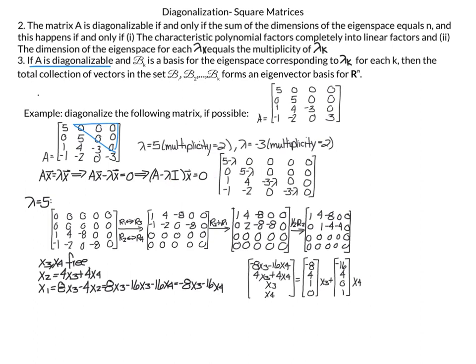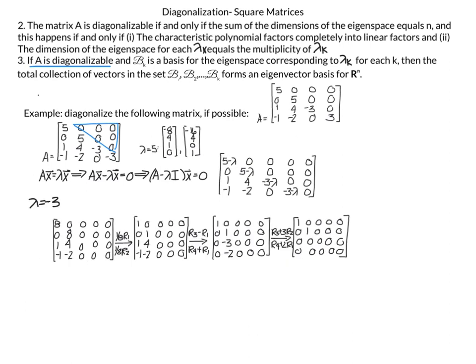It's equal to minus 8x3 minus 16x4, that's x1. Then I have 4x3 plus 4x4, that's x2, and then x3 and x4 are free, which means that my vectors minus 8, 4, 1, 0 and minus 16, 4, 0, 1 form a basis for the eigenspace associated with lambda equals 5.